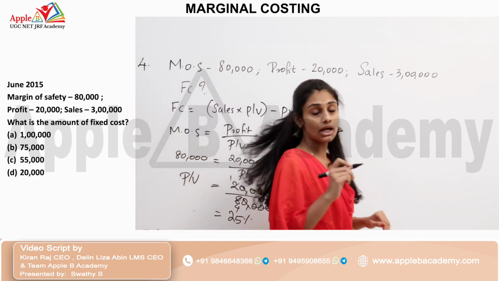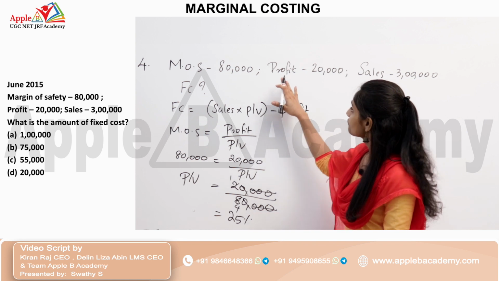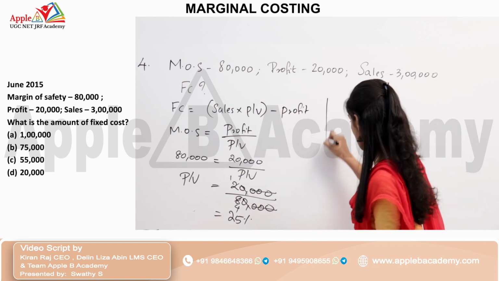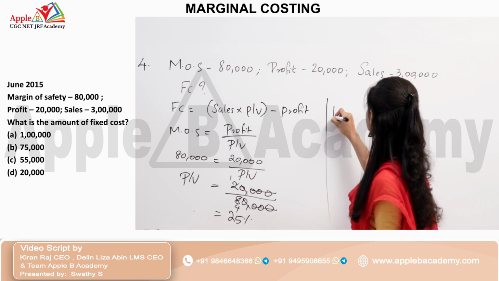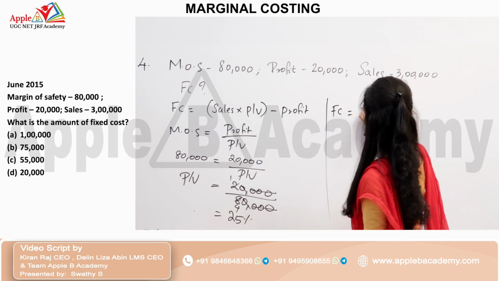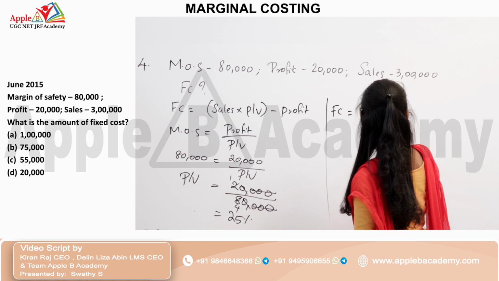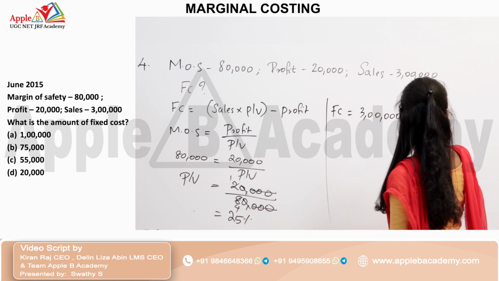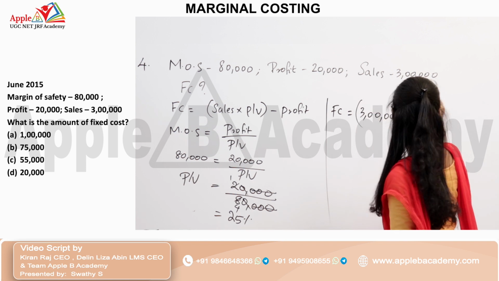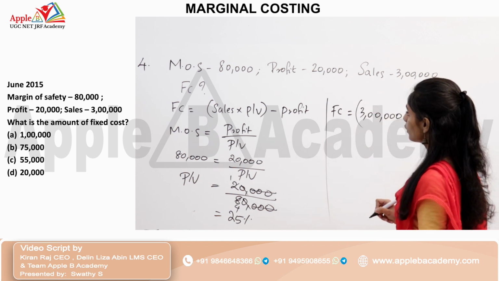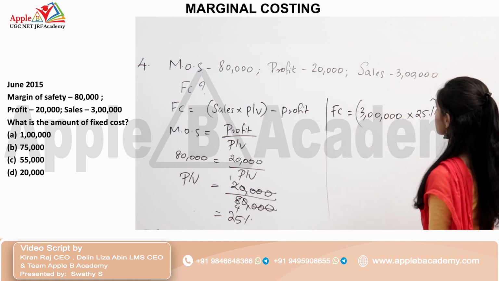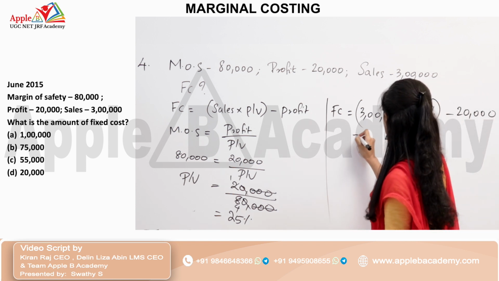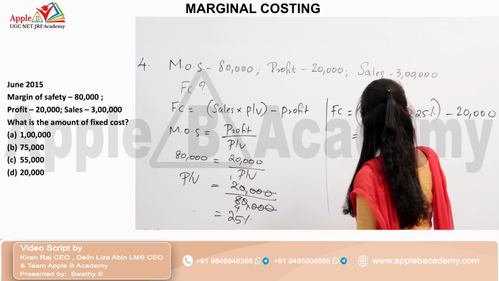Now, coming to the calculation of fixed cost, we have all the items. So, what about sales? Sales is given as 3 lakh. Then what about PV ratio, which is 25%? Now minus, what about profit? Profit is 20,000. Now 3 lakh into 25%.